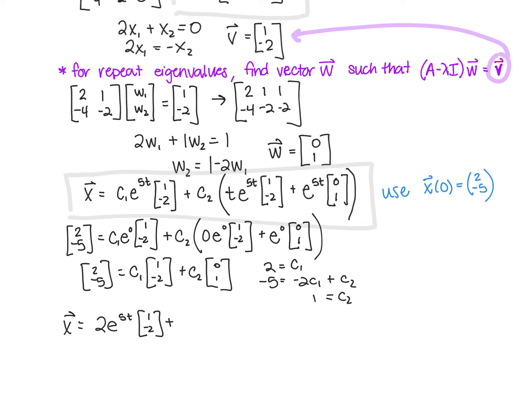Plus, definitely minus. This is my negative. So that would be negative. I guess I could have written plus a negative. Negative 1 times te to the 5t times 1 negative 2, plus e to the 5t. Sometimes I can't remember what I'm writing. There we go.